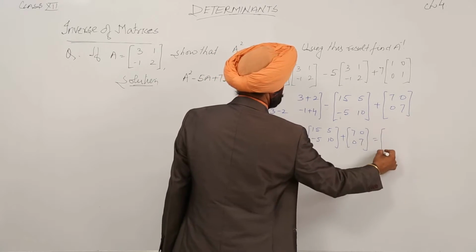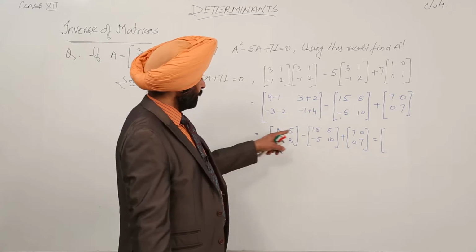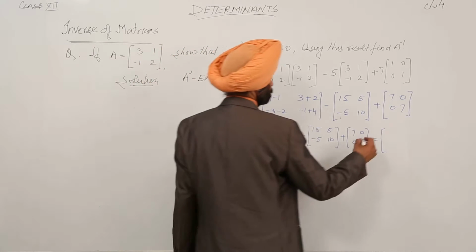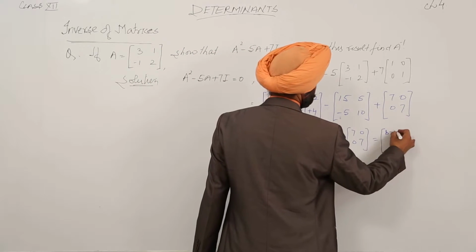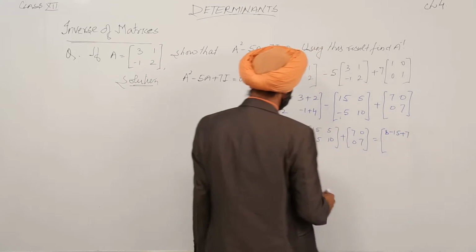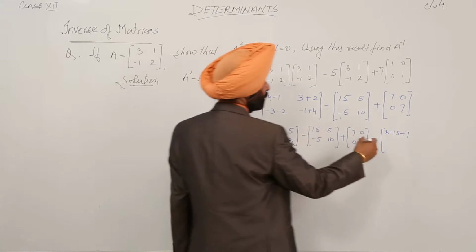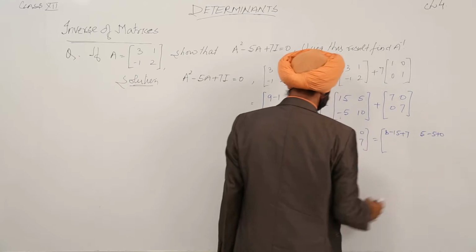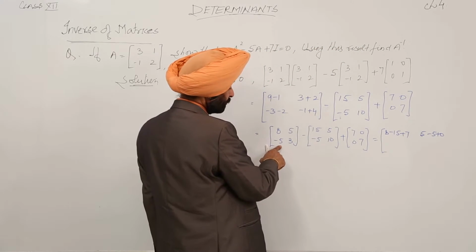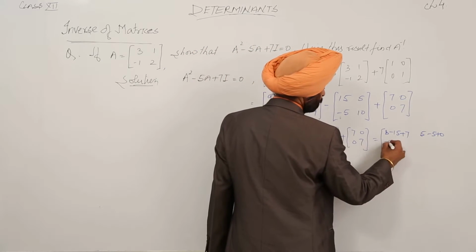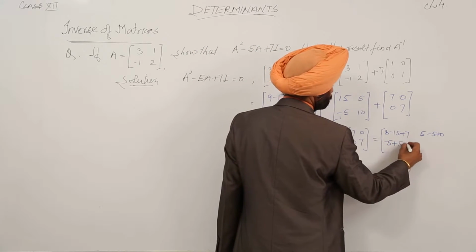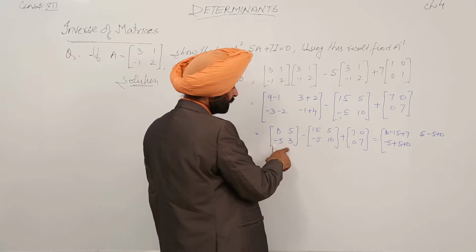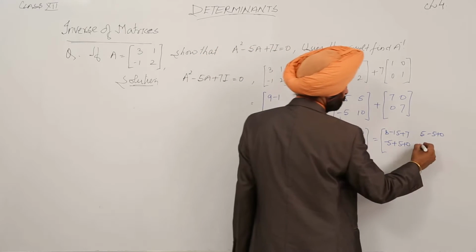Now this is equal to 8 minus 15 plus 7, then 5 minus 5 plus 0, then minus 5 plus 5 plus 0, and 3 minus 10 plus 7.